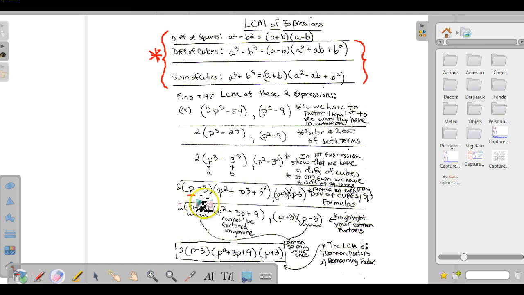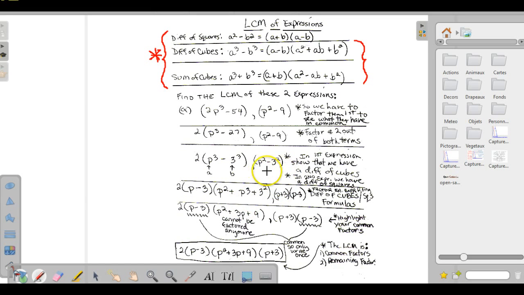But for right now, you could just take my word for it that that is the formula. So this difference of cubes here is completely factored. We can't factor this anymore.